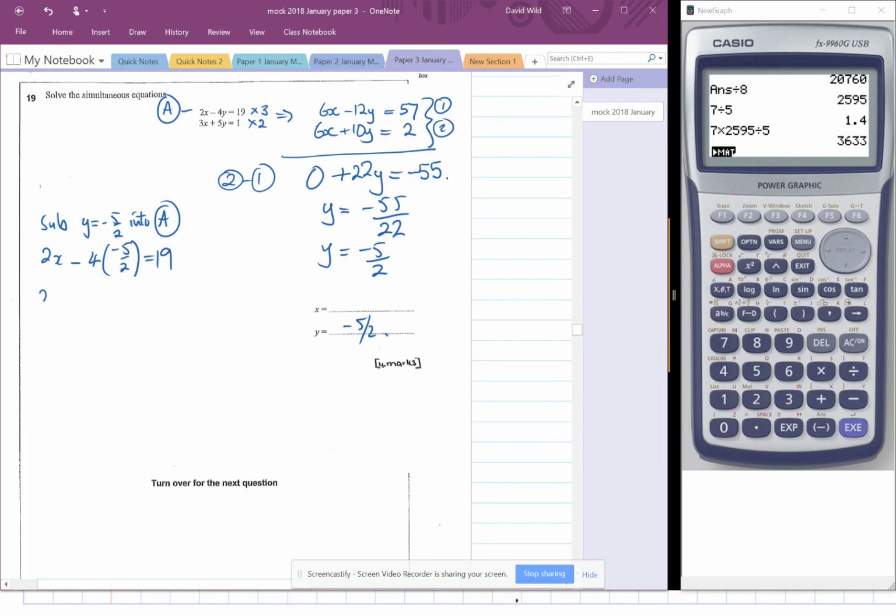Okay, now we can multiply these brackets. This is 20 over 2, which is 10. So we're going to subtract 10 from both sides. So x is 9 over 2. Okay, simple simultaneous equations.